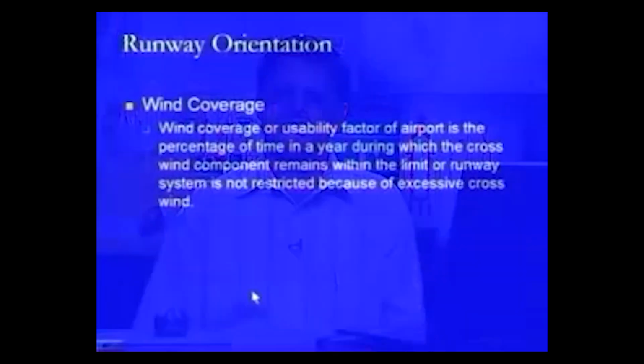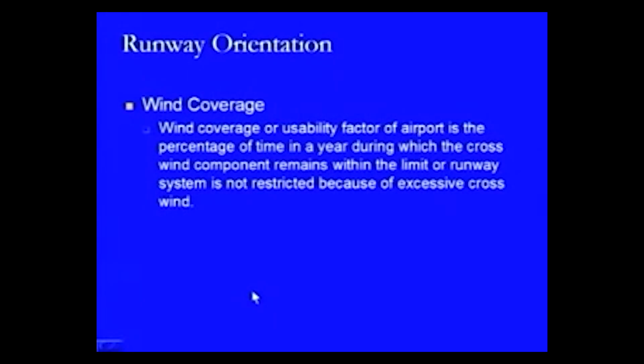Now, we come to the other important aspect, that is wind coverage. This wind coverage is also sometimes termed the usability factor of the airport, and this is defined as the percentage of time in a year during which the crosswind component remains within the limit. Our runway system is not restricted because of the excessive crosswind component.